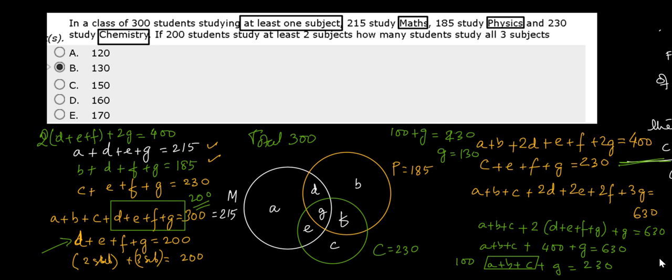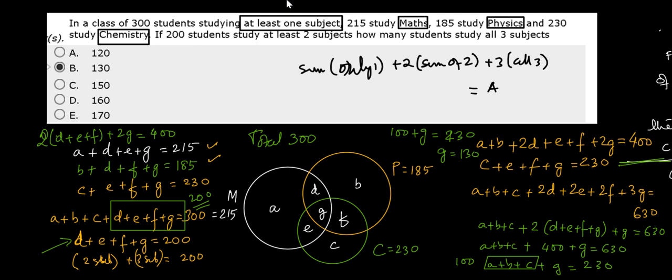This is true for any form of Venn diagram: sum of only ones plus twice sum of twos plus thrice all three is equal to a plus b plus c, where a, b, c are each of the circles, right? Is this concept clear? Yes, sir.